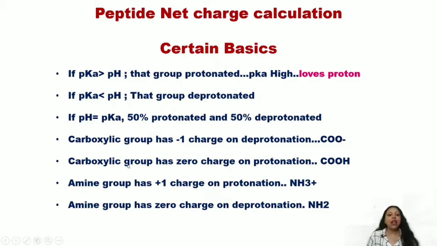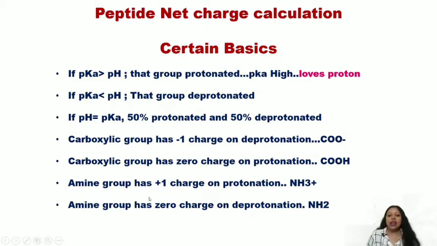Now, coming to how the carboxylic and amino groups change in behavior on protonation and deprotonation. Carboxylic acid has a -1 charge on deprotonation. It will be like COO minus when it loses its proton. But the amino group imparts a +1 charge on protonation. It will become NH3 plus.